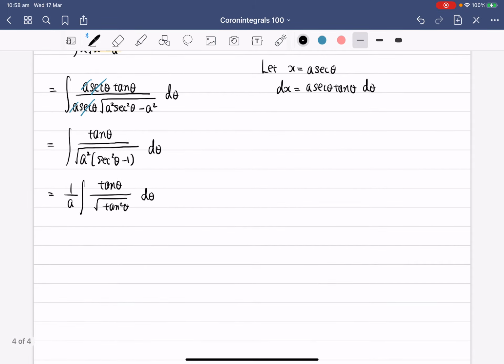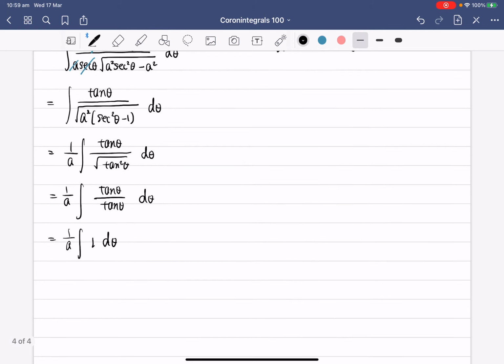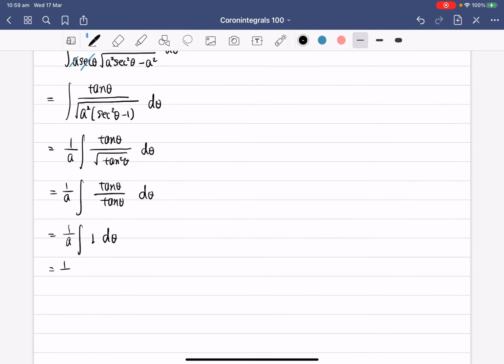After that, we have tangent theta over tangent theta, which becomes a really easy integral, which is 1. To integrate 1, the answer is just the variable, which in this case is theta, plus c. As usual, we need to replace theta by x.